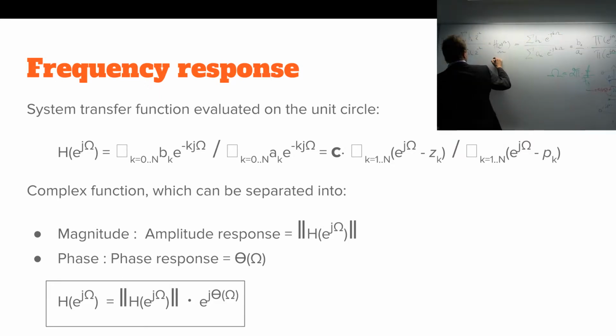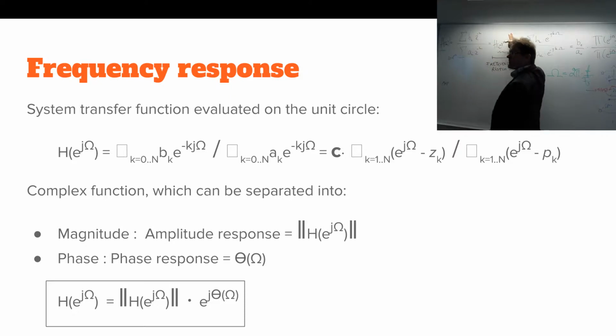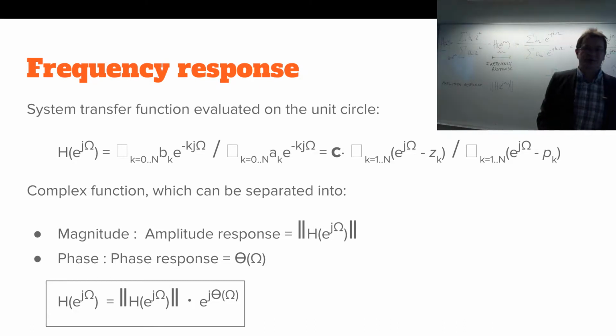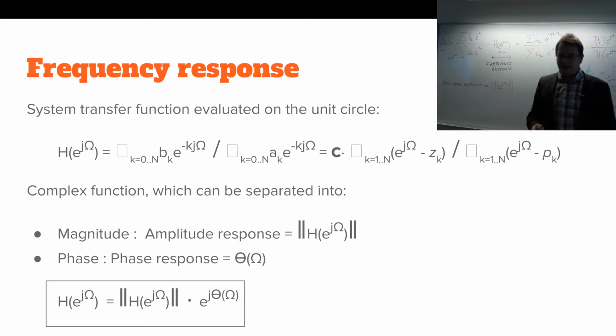So for that reason, while this is the frequency response, we can simply do the amplitude or magnitude response by taking the magnitude of that. That one, amplitude response, so absolute value of the frequency response.